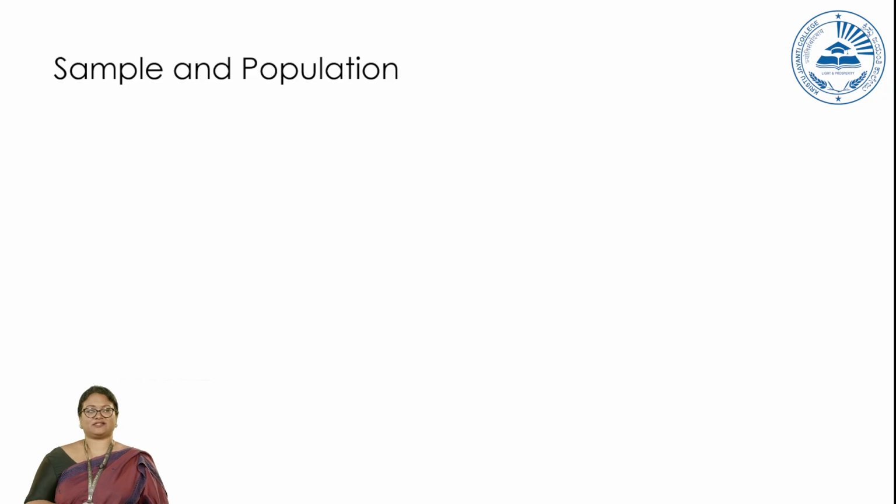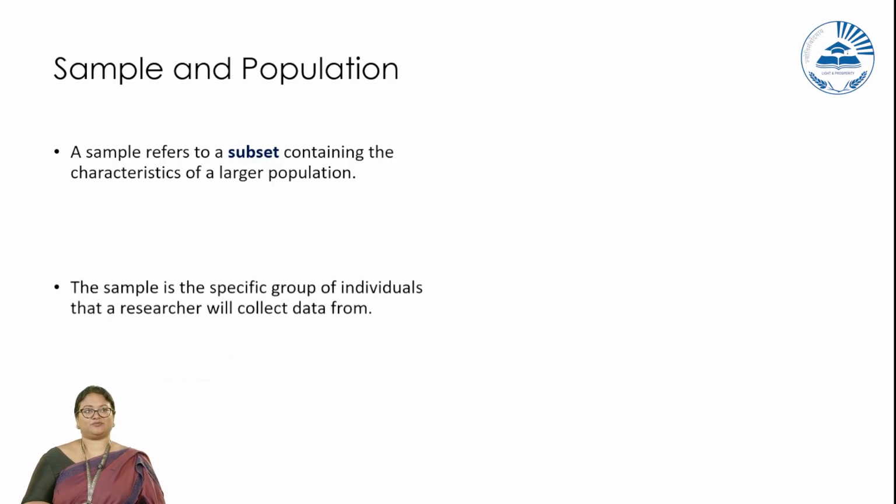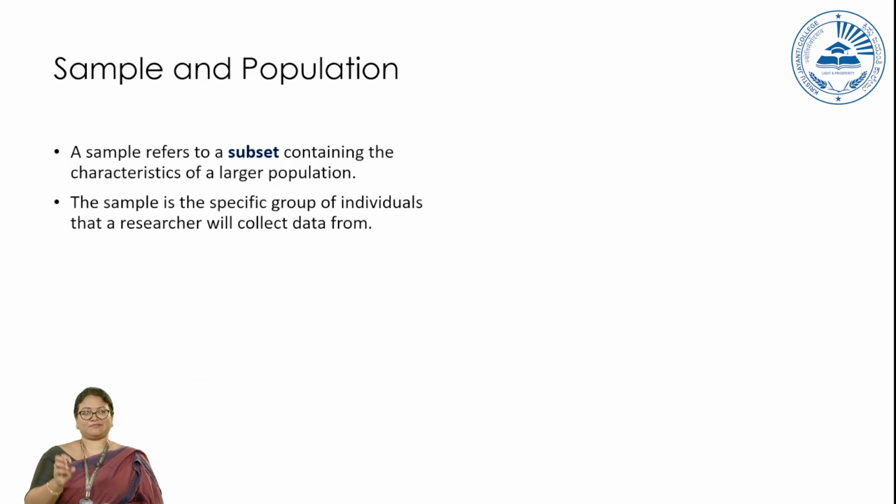In your study, when you are gathering a lot of students or a lot of people to do a study on, the sample refers to a representation of that larger population or a subset that contains the characteristics of the large population. It is also a specific group of individuals that the researcher will collect the data from.